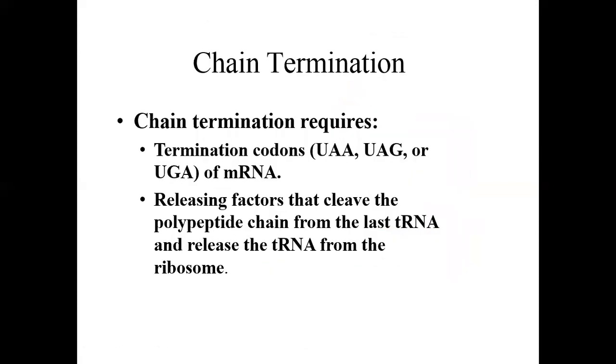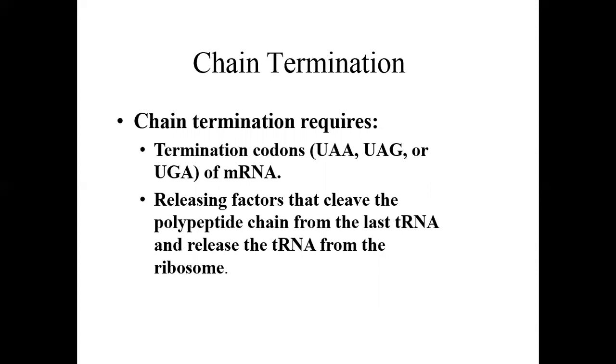Now come to the point, that is chain termination, and this chain termination requires a termination codon, either UAA or UAG or UGA. These three are the termination codons which are found in all types of organisms. And there are some releasing factors that basically cleave the polypeptide chain from the last tRNA and release the tRNA from the ribosome.